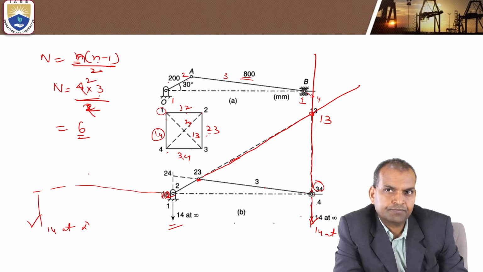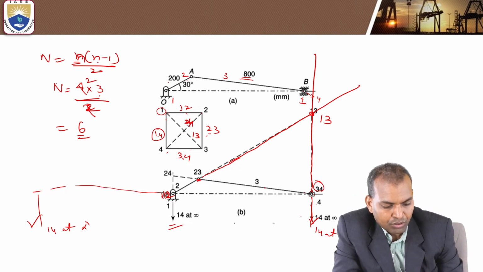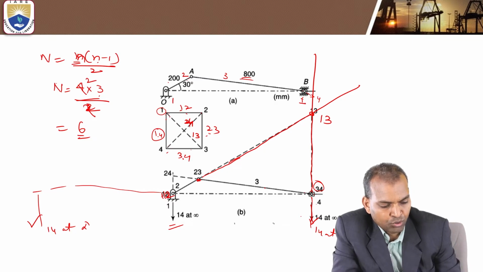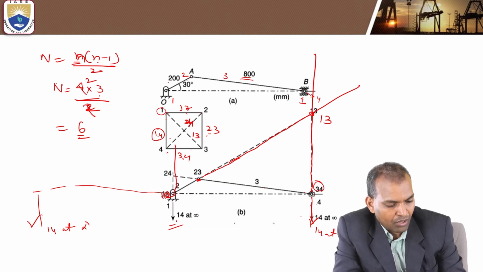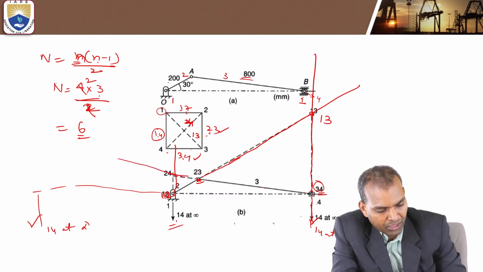Next, how to locate 2, 4? 2, 4 can be located by extending 1, 2 and 1, 4. Where is 1, 2 and 1, 4? This is 1, 2 and this is 1, 4. You extend them. Next, 2, 3 and 3, 4. This is 2, 3 and this is 3, 4. You extend either upwards or downwards.